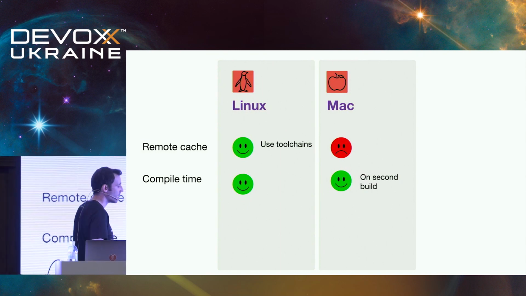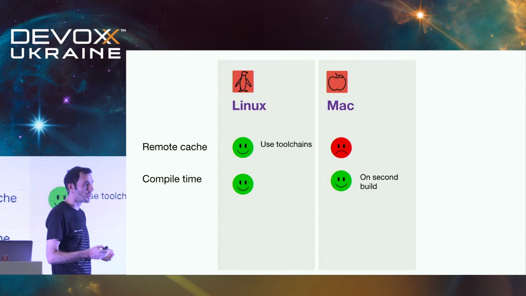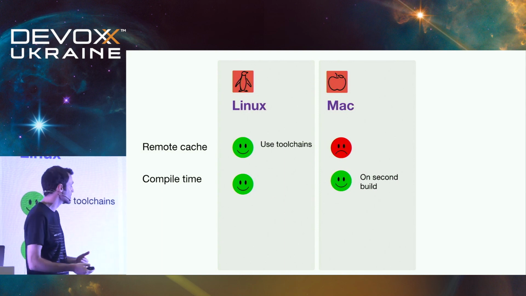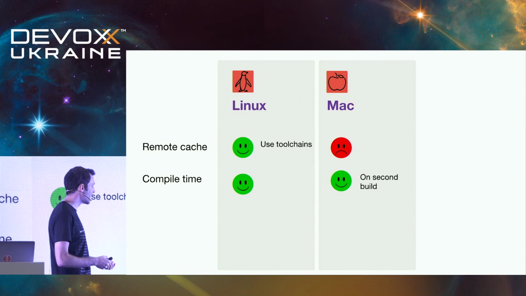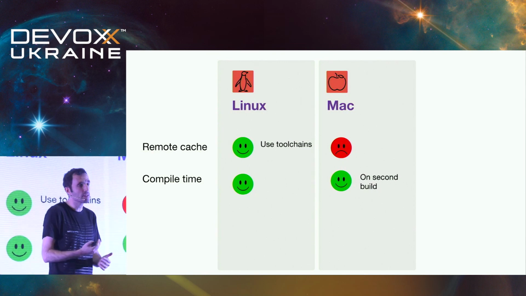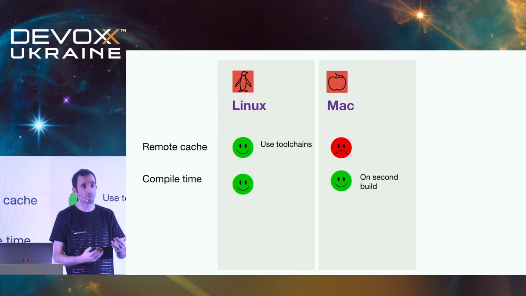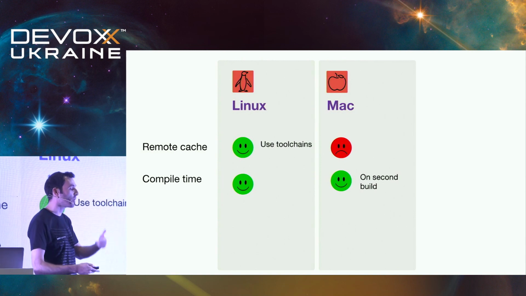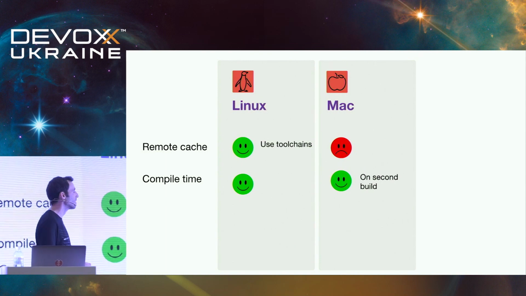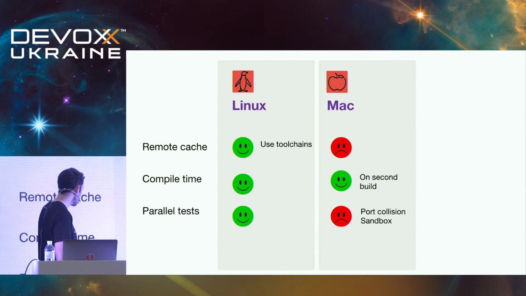So what about compile time? Of course, with Linux, you can utilize the remote cache that you have from remote execution, so it's really fast. On Macs, because you can't, only on the consecutive builds will you gain the performance you want. On the first one, you'll still need to build the entire repository.